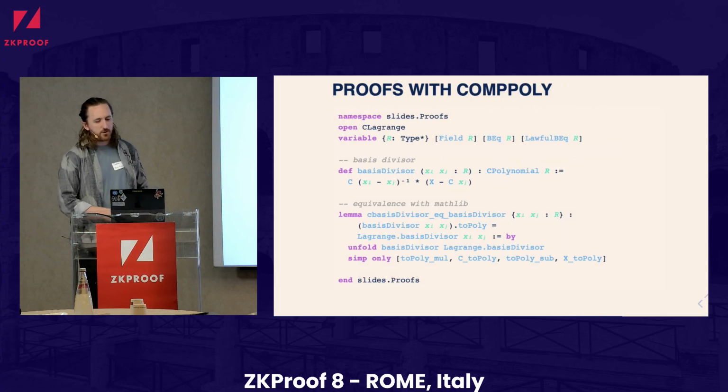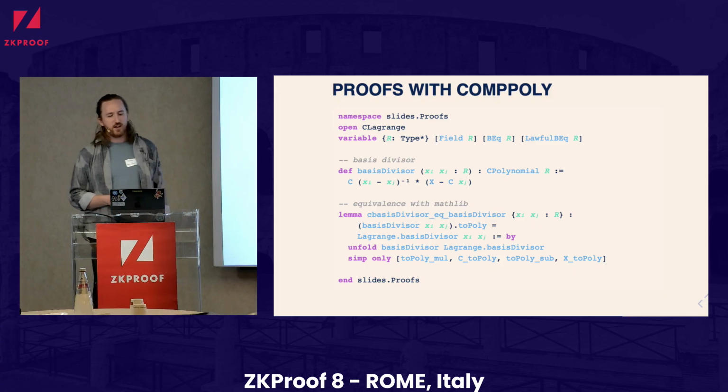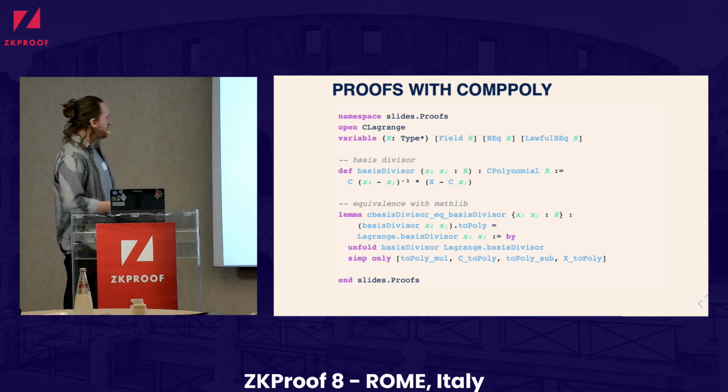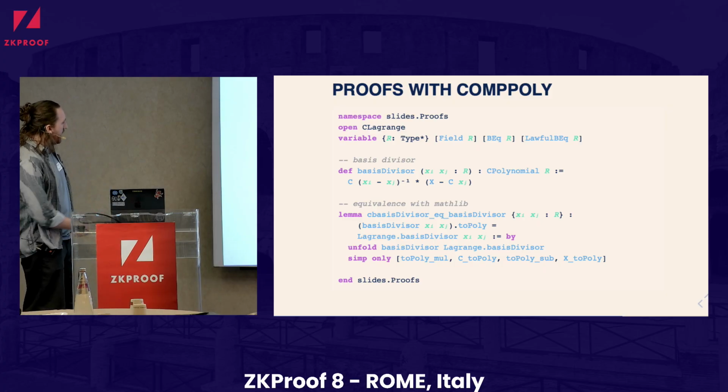An example here is work that Julian did for the Lagrange interpolation, and part of this is defining a basis divisor, and then the relevant lemma shows what the basis divisor is under the isomorphism.